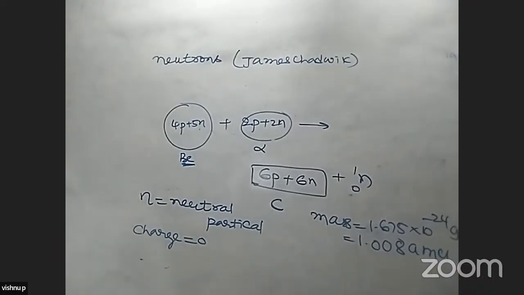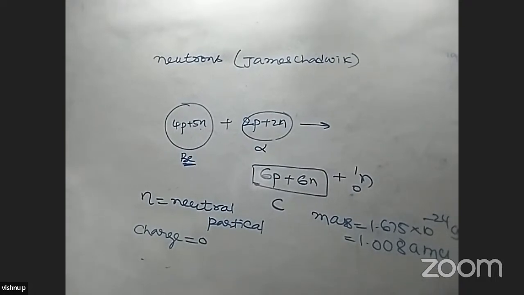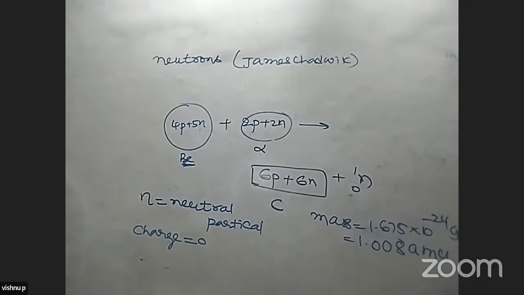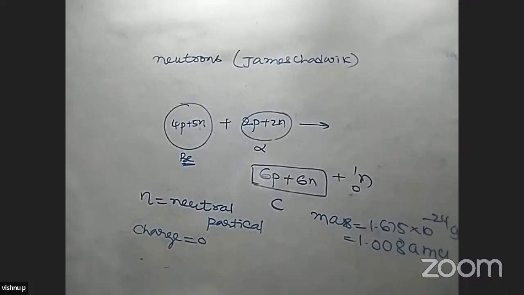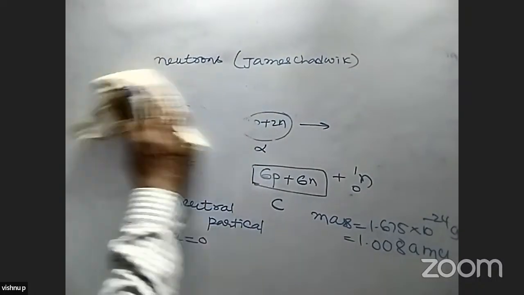So in this way, neutrons are discovered, electrons are discovered, protons are also discovered. Some other particles are also present in the nucleus. What are the particles present in the nucleus? That is mesons, neutrinos, antineutrinos, different types of particles.